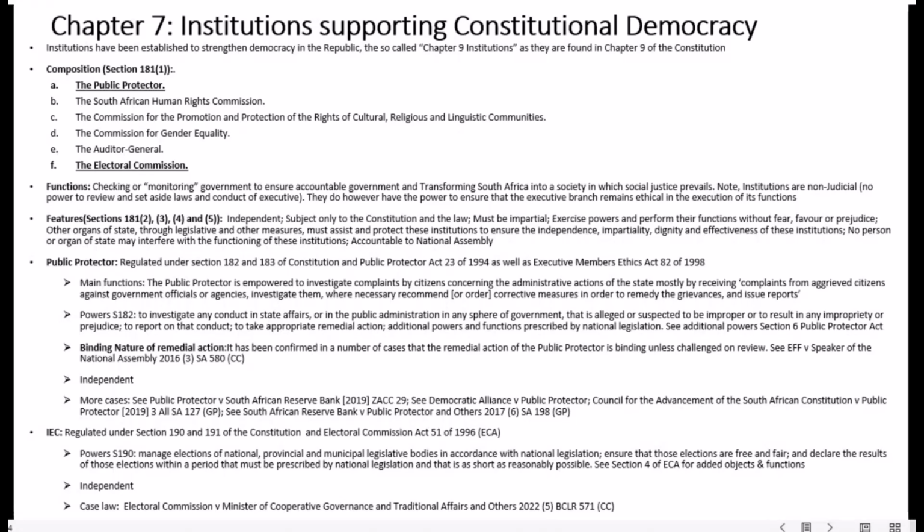And then the IEC, Independent Electoral Commission, this is regulated under sections 190 and 191 of the Constitution. There's also an act called the Electoral Commission Act 51 of 1996.